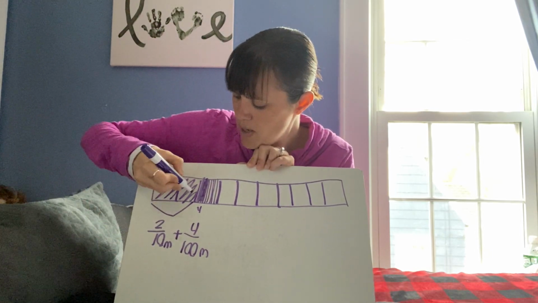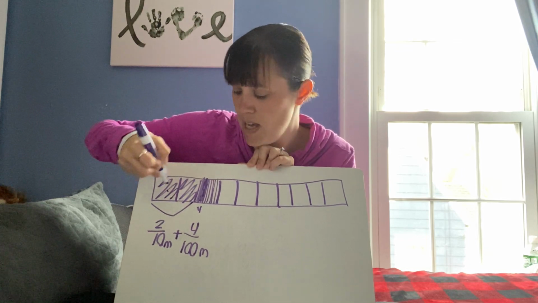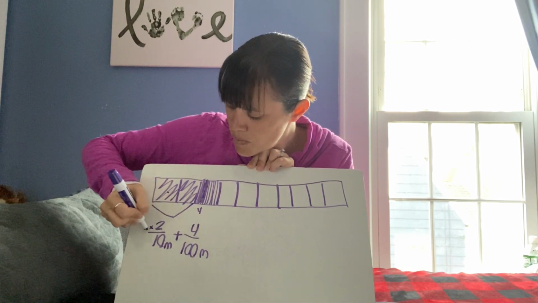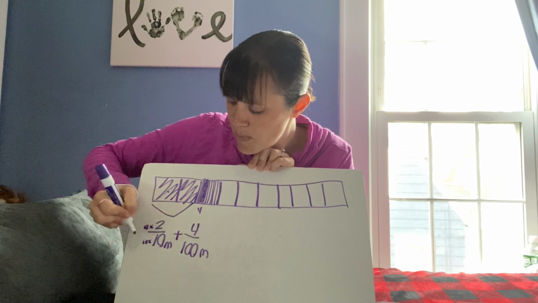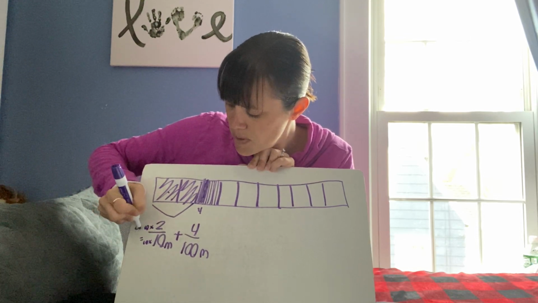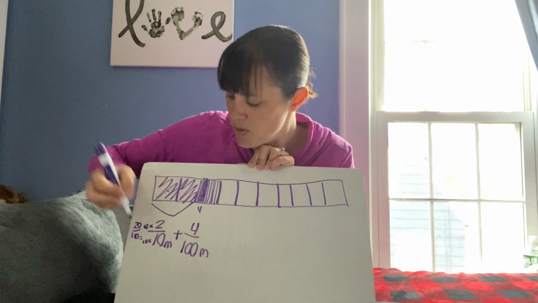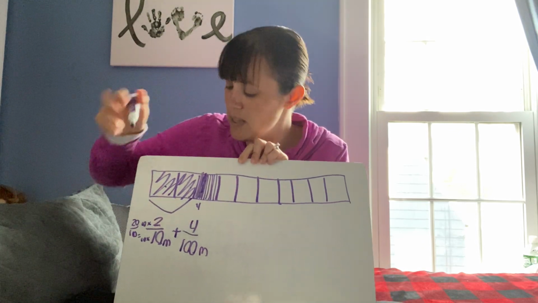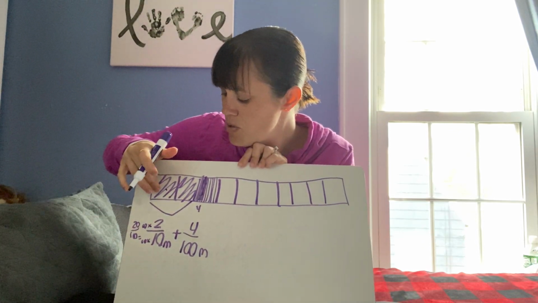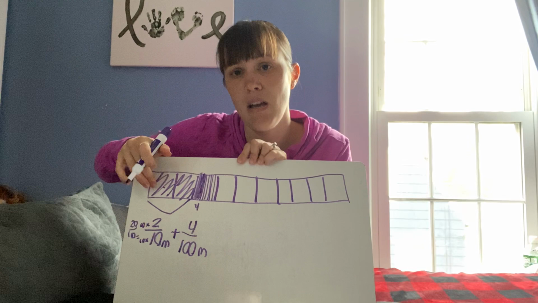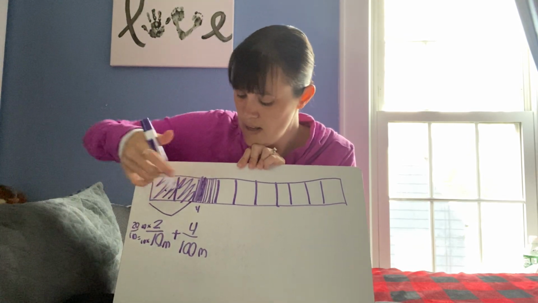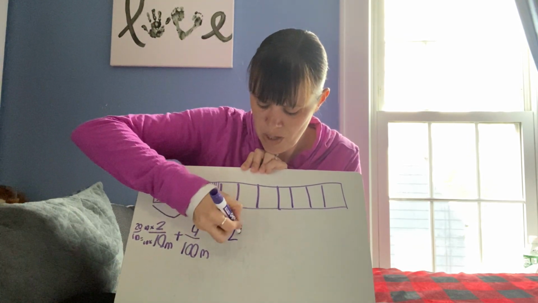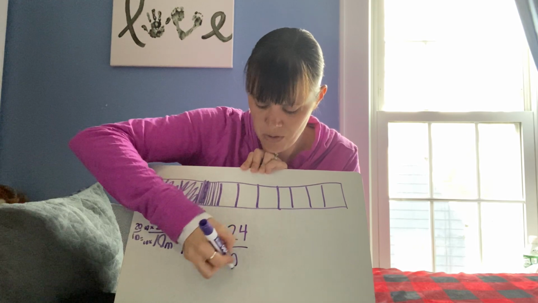Well, 2/10 would have 10 in there, and 10 in there, so 10, 20. You could also remind yourself that I do top and bottom: I multiply by the same number and get 20 hundredths. But I want you to use your noggin and say, this is 2/10, each tenth has 10 in there, so 10, 20. So this gives us 24 hundredths.